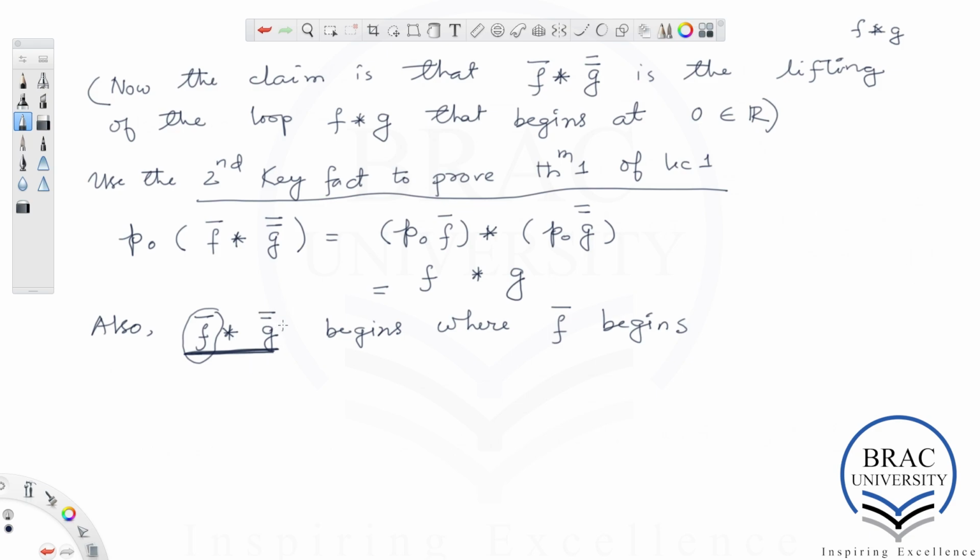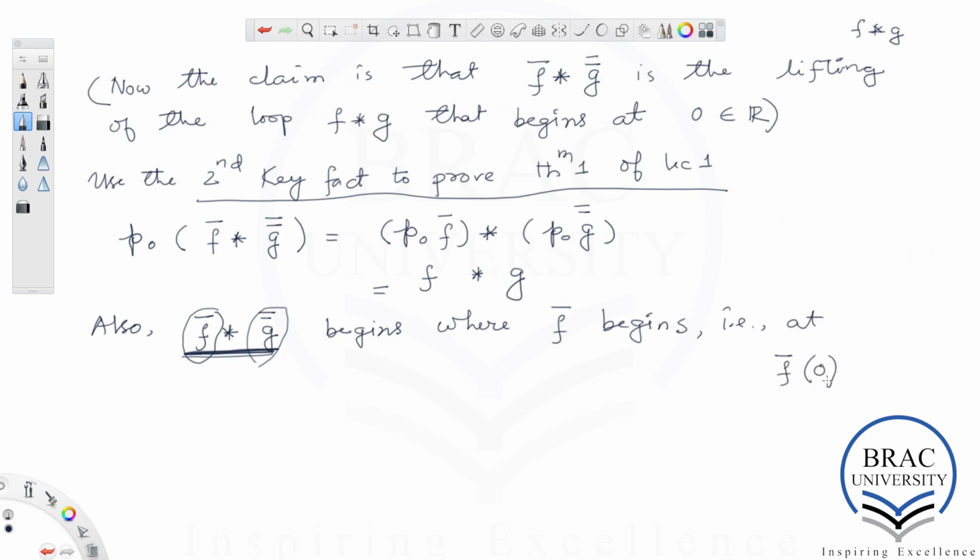This latter path is G double bar. So where does F bar begin? That is at F bar of 0.